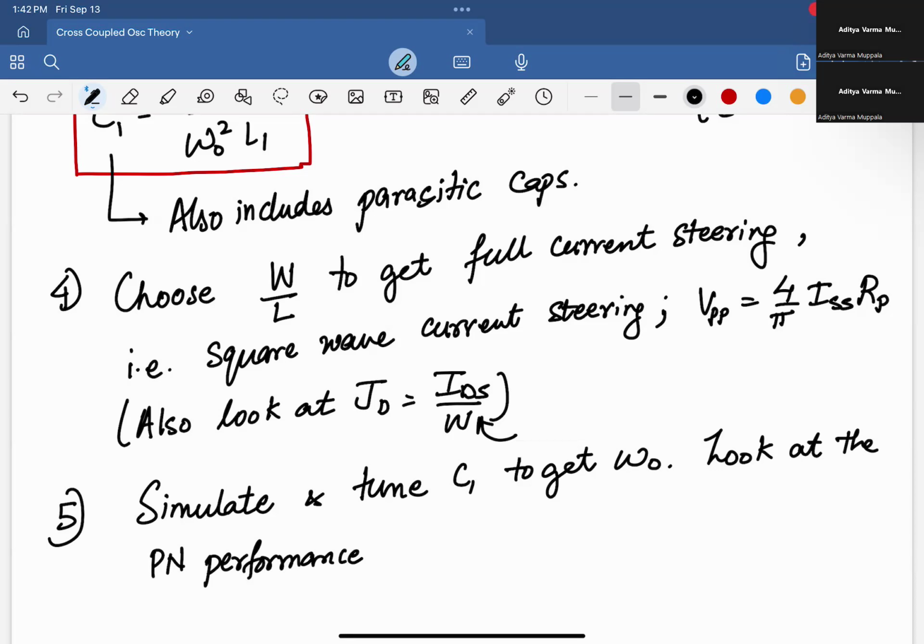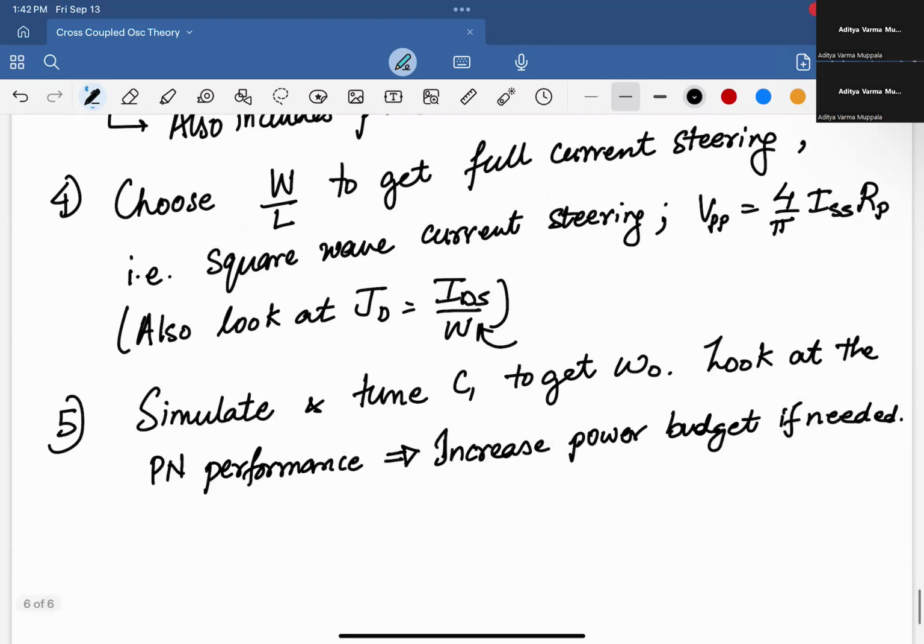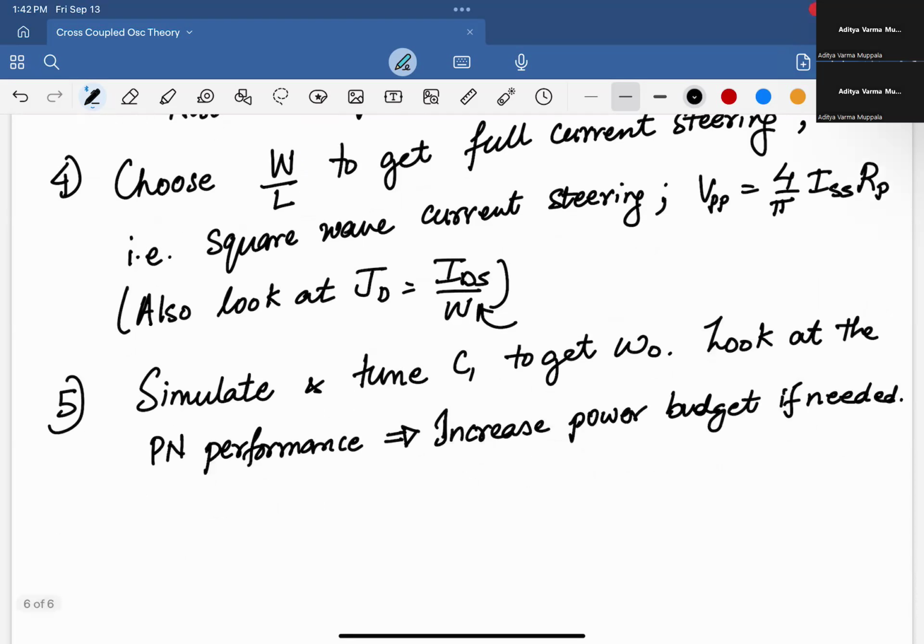And if it's not good enough, then from here you go to increase power budget and redesign if needed, right? Okay, so that's how you meet, for a specific power budget, the best phase noise performance. And if you don't have good phase noise performance, then you increase the power budget that you started with.